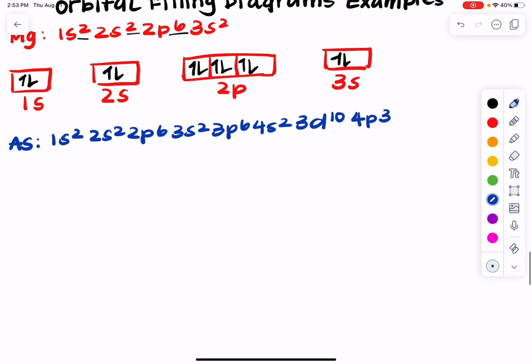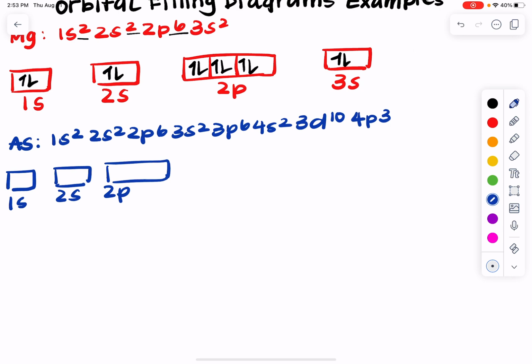Now, again, I'm going to draw out the boxes, and hopefully I have enough space to do this. But it's essentially the same thing that we've been doing. We're just taking that electron configuration and drawing a picture of it.